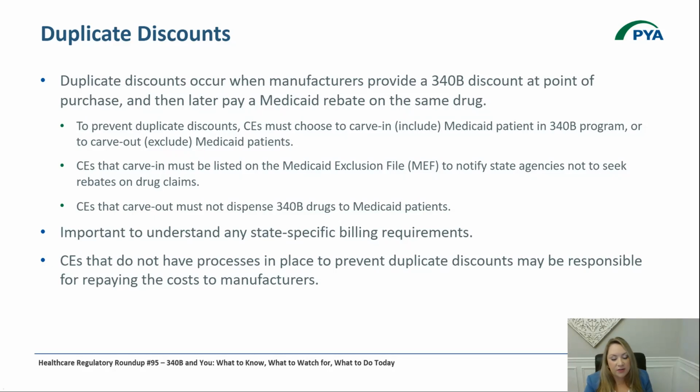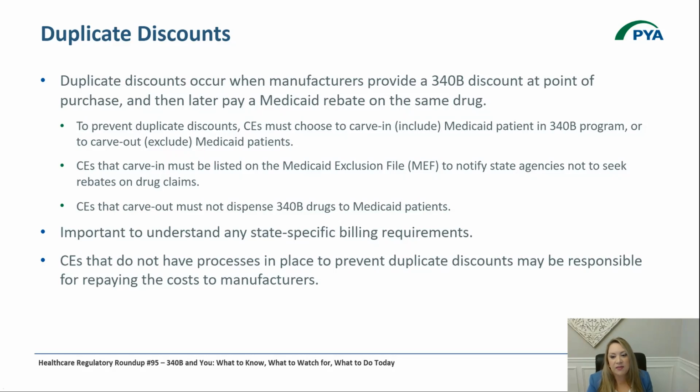There are varying levels of sophistication across state Medicaid agencies as to whether or not they're catching those and seeking those rebates. So if you identify that you've got an issue or a potential issue as it relates to your Medicaid exclusion file and you carve in, your first order of business is to get in contact with your state Medicaid agency to determine if in fact there were instances of duplicate discounts.